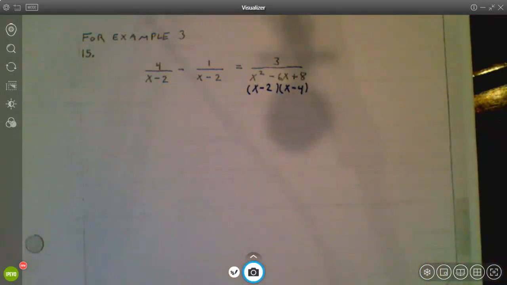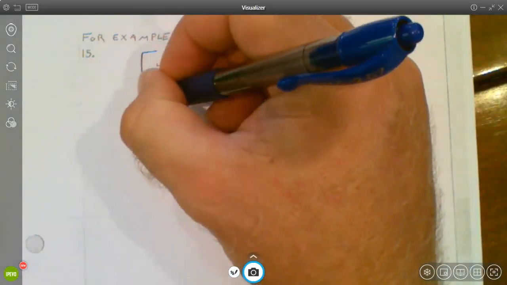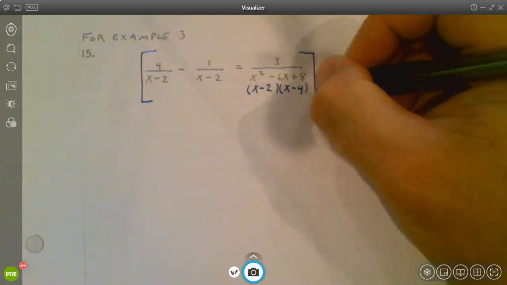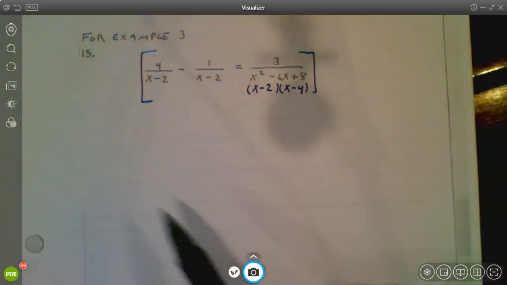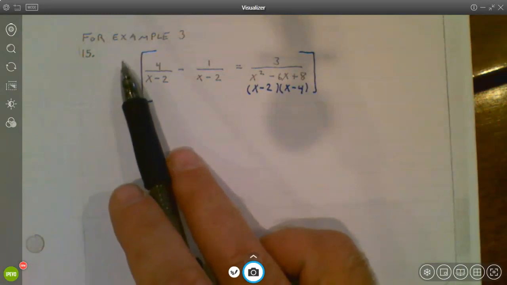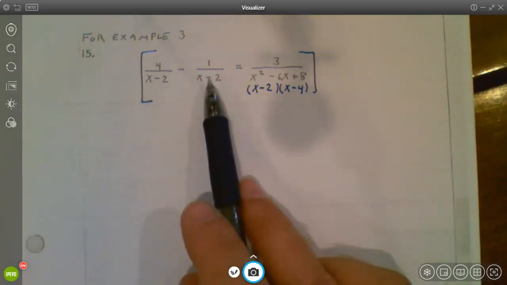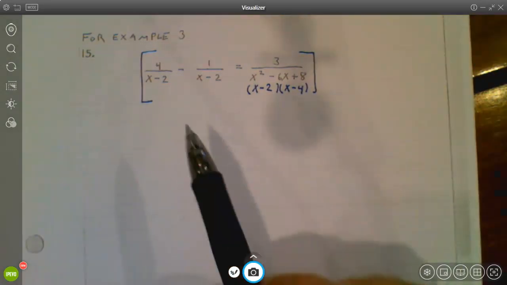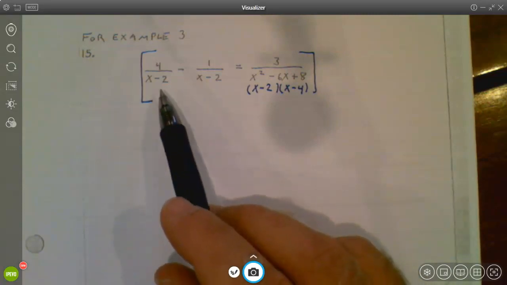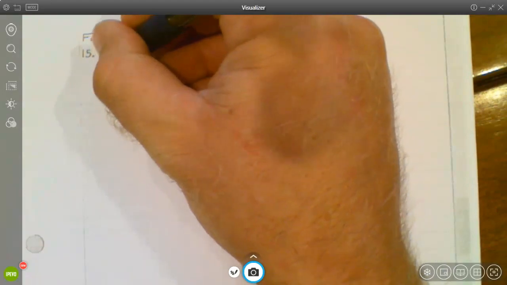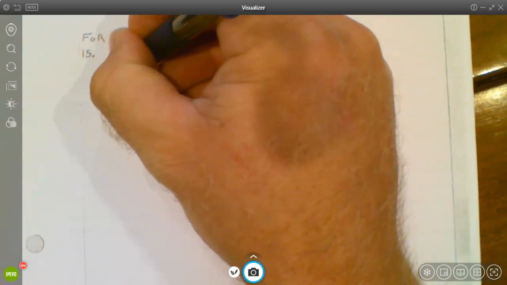As I look for a common denominator, remember the idea is I basically just want a multiple here that will cancel all of my denominators, right? So what will cancel out the x minus 2? Obviously x minus 2. So that will take care of the x minus 2's.